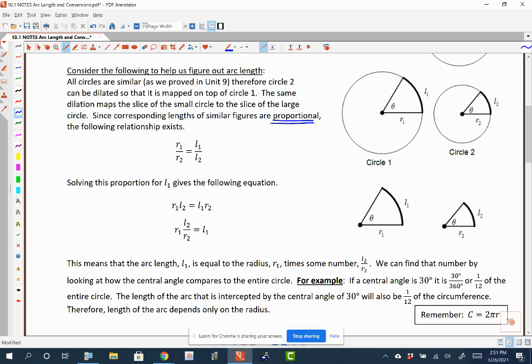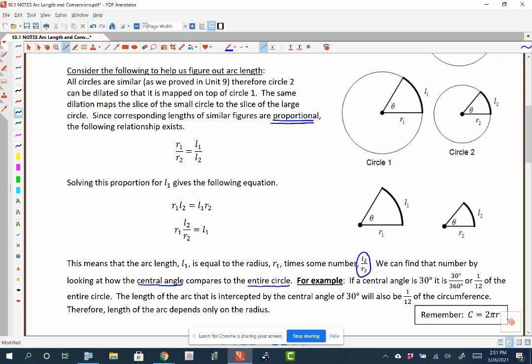So it says below, this means that the arc length of L1 is equal to the radius, R1, times some number. So this is going to be kind of our some number we've got to figure out. What is L2 divided by R2? And it says we can find that number by looking at how the central angle compares to the entire circle.